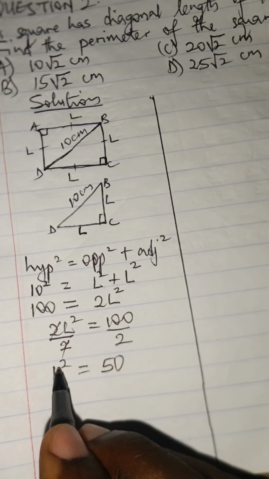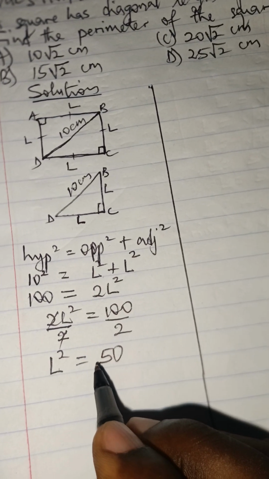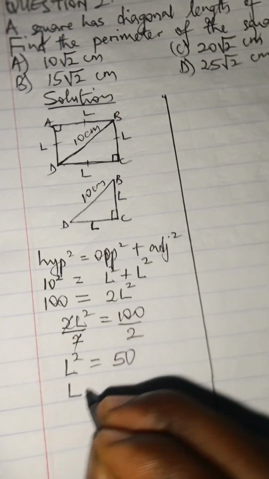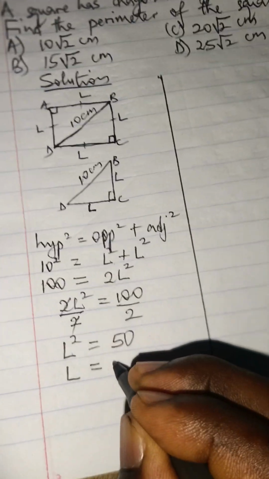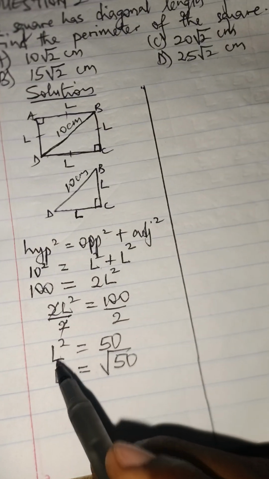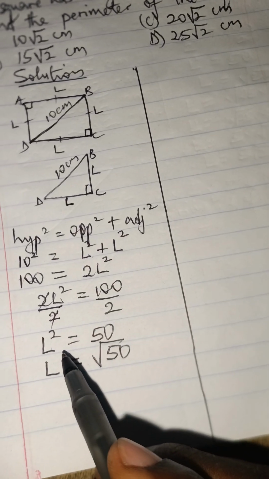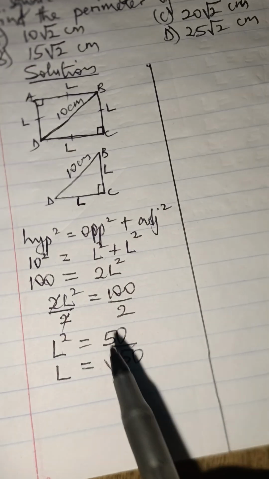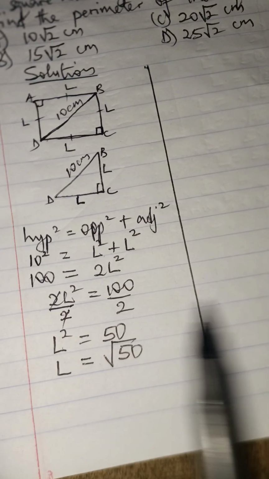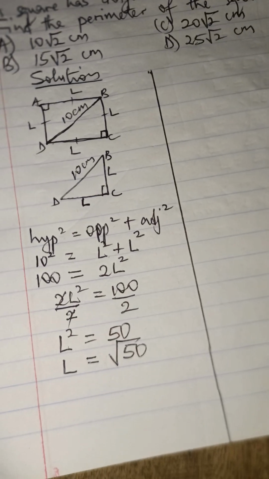Remember I told you that if square moves to the other side of the equation, it changes to what? Square root. So L will now be equal to square root of 50. In the same way, if square root moves to the other side of an equation, it becomes square. You use square root to undo square. So I took the square root of both sides. That's why I have L equal to square root of 50.